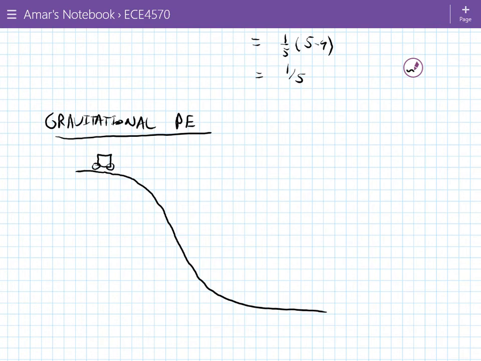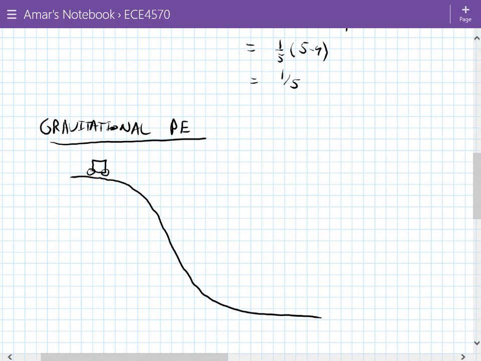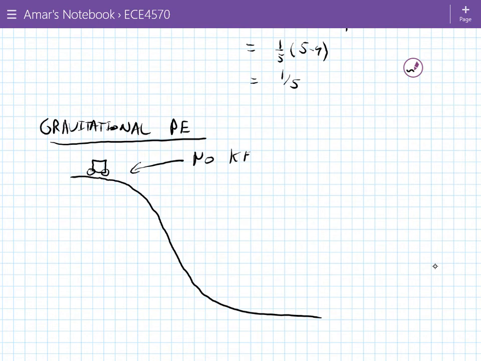At the beginning of the hill, the car has a lot of potential energy, right? But it may not be moving yet, so it has zero potential energy. You mean zero kinetic energy? Yes, sorry. No kinetic energy, but it has gravitational potential energy.